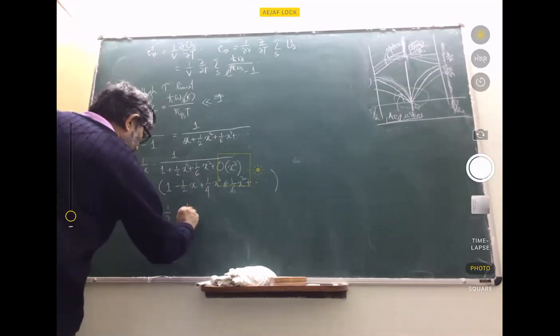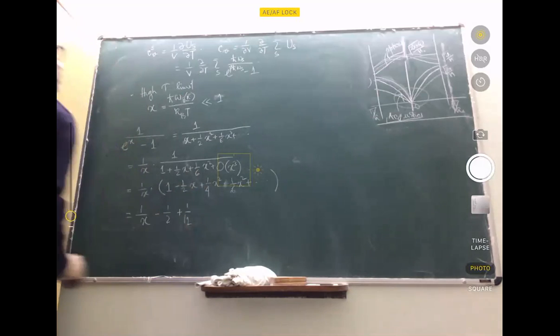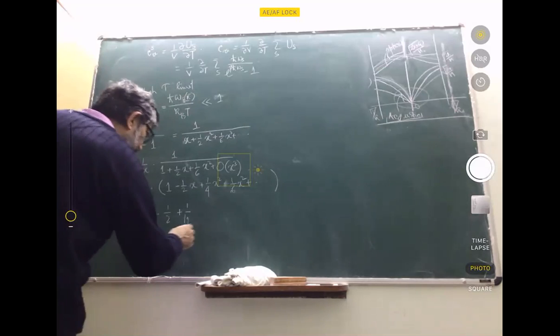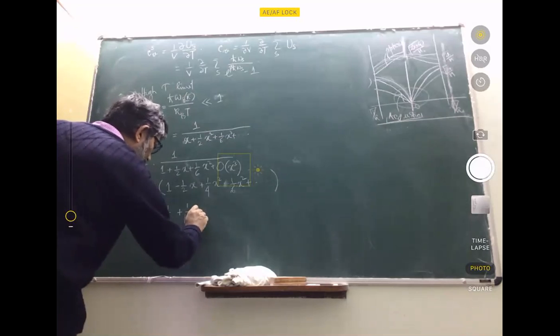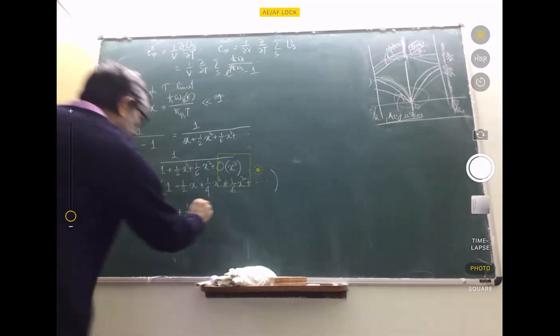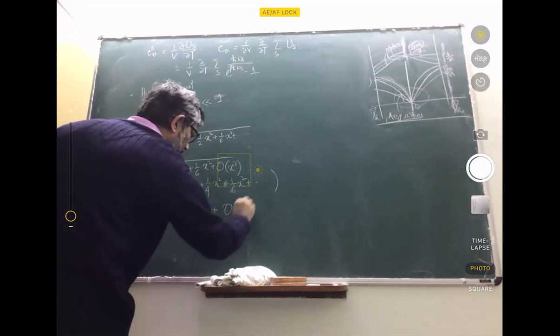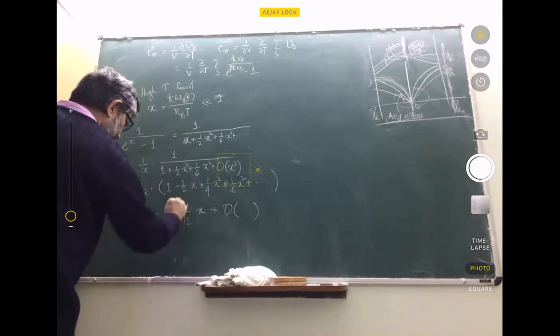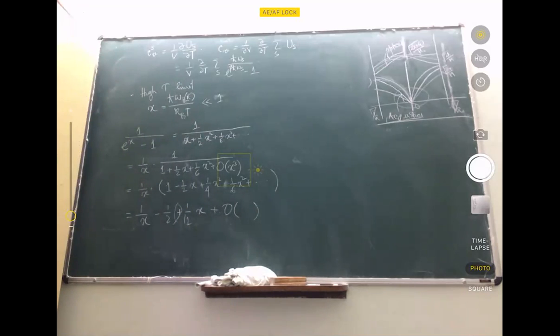So you get a 1 over 12 times x, and then higher order terms. Please check the signs, okay? I think I'm right, but I could have a problem with the sign. So please check this sign.